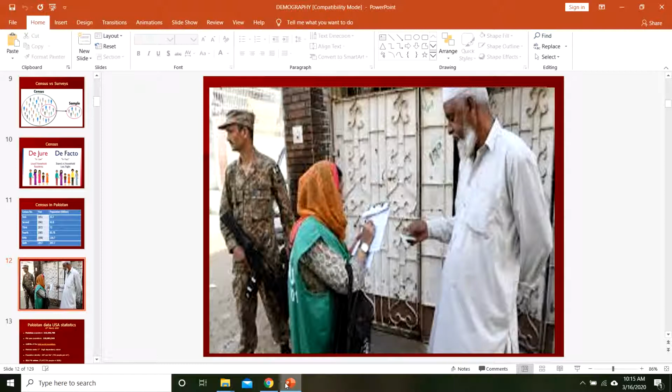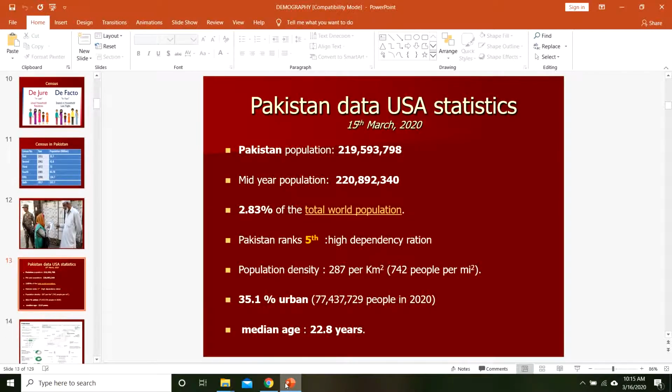Another important characteristic of this census was that because of the terrorist attacks, the census teams were accompanied by army men for the safety and security of the people collecting statistics. It was a successful census, and even international organizations have supported that the census was a true representation, and the population has been counted in a real sense.